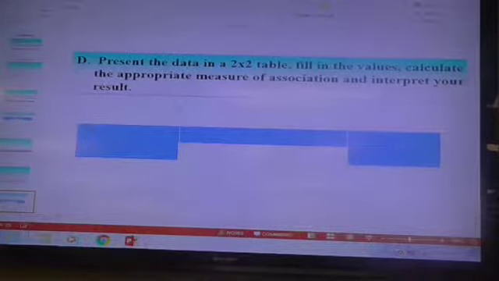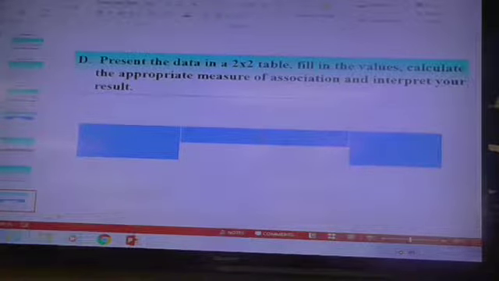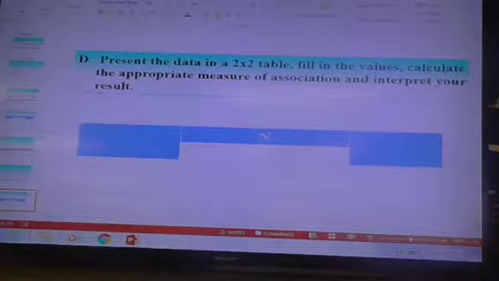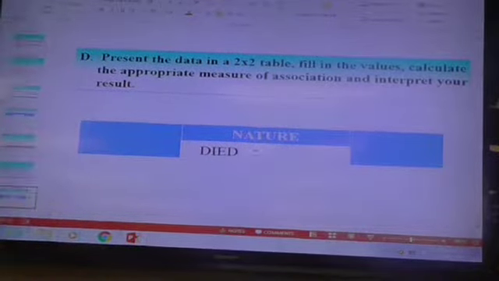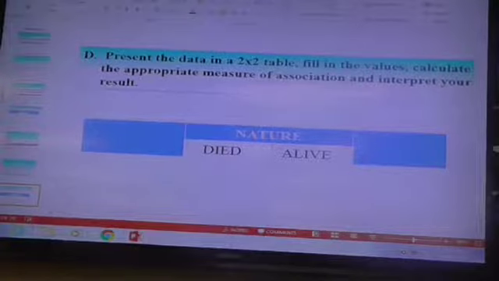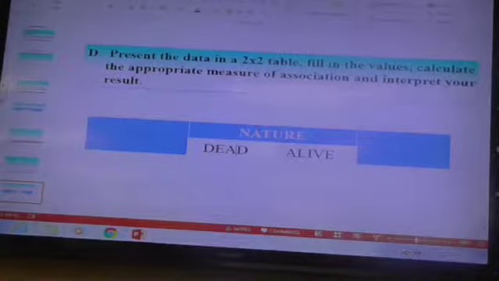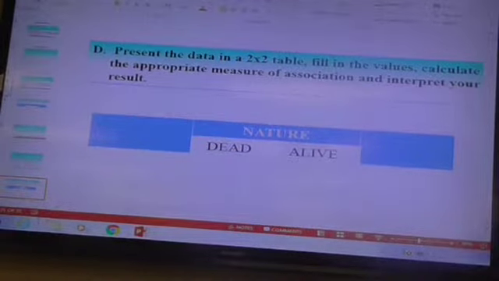The other one is to present the data in a 2x2 table, fill in the values, and calculate. So again, you always have to know your risk factors. This one is always a state of nature here, which is clearly those calves that died or survived, or we can say dead or alive. And then the risk factor, again, we always have to indicate it.